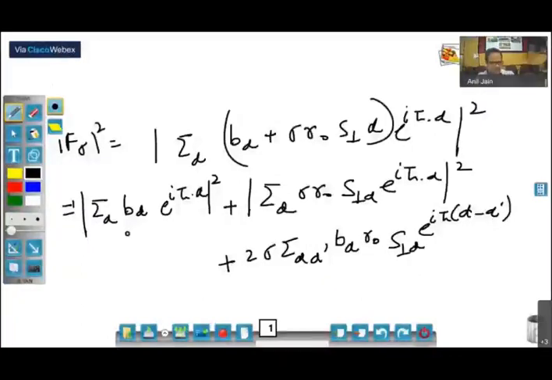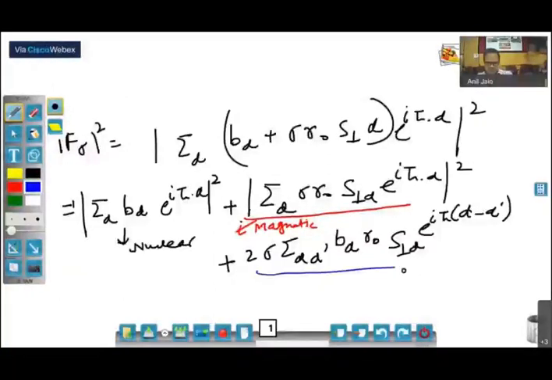This term is purely nuclear, this term is magnetic, and this is the nuclear magnetic interference. This last term becomes zero when you are dealing with an unpolarized neutron beam.